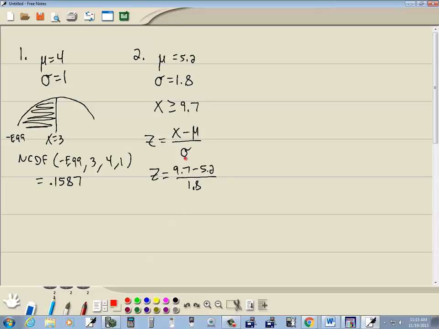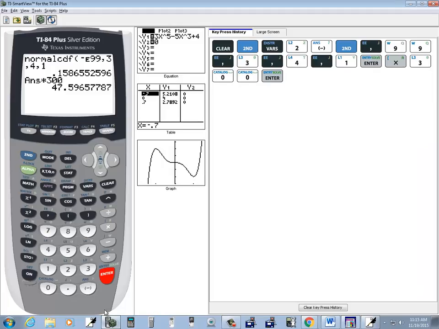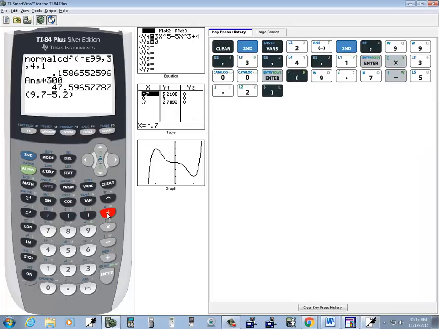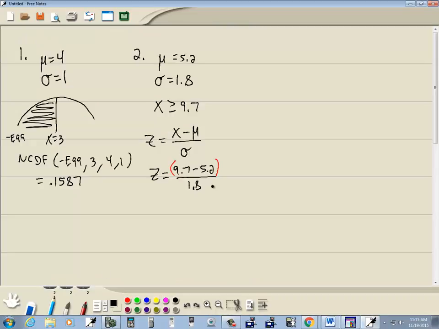Now, if you have more than a single number on top or bottom of a fraction, when you plug in your calculator, you have to put parentheses around that part. So I'm going to do a beginning parentheses, 9.7 minus 5.2, close parentheses, divided by 1.8. And that gives us 2.5.